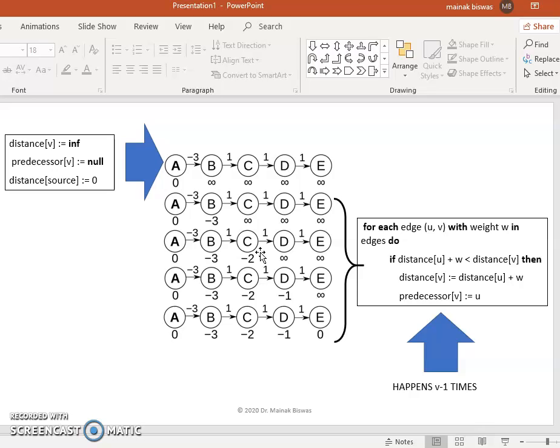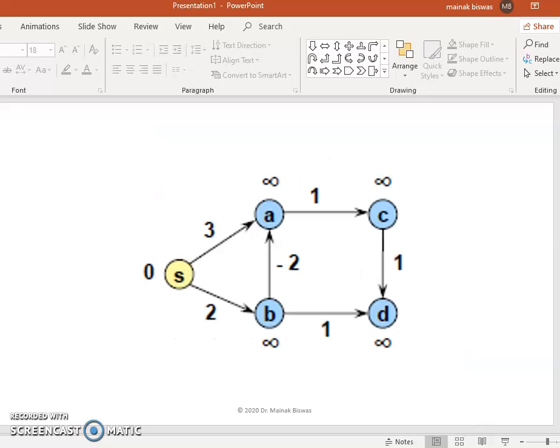Similarly for D, minus 2 plus 1 is minus 1, which is less than infinity, so this value becomes minus 1. For E, minus 1 plus 1 is 0, which is less than infinity, so E becomes 0. But this process has to be repeated 4 times over to finally stabilize the distances of all the vertices.